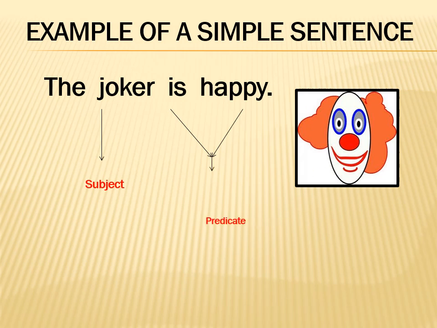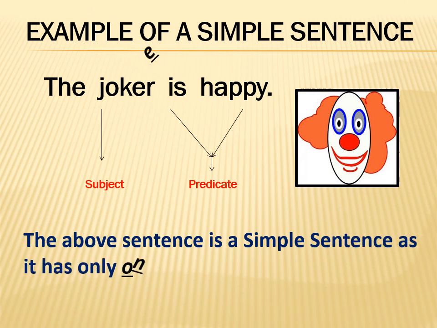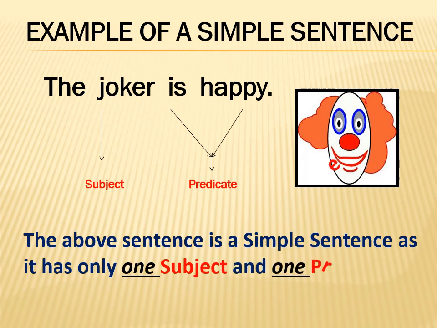What is spoken about the subject is predicate. The above sentence is a simple sentence as it has only one subject, that is the joker, and one predicate, that is happy.